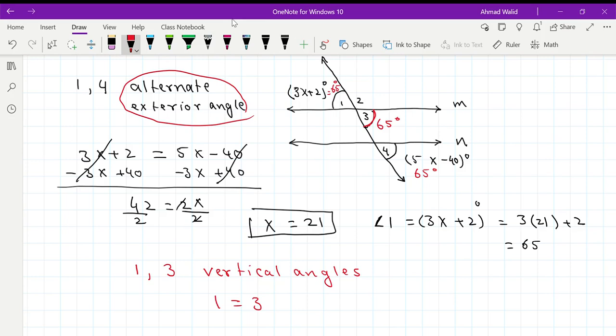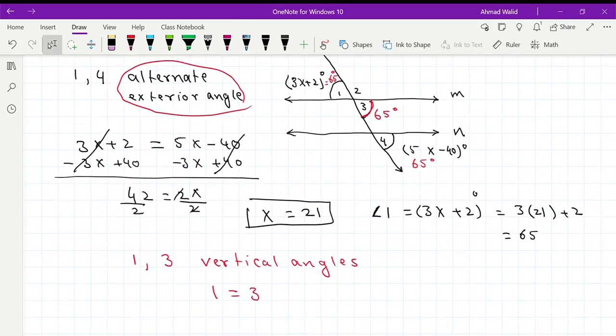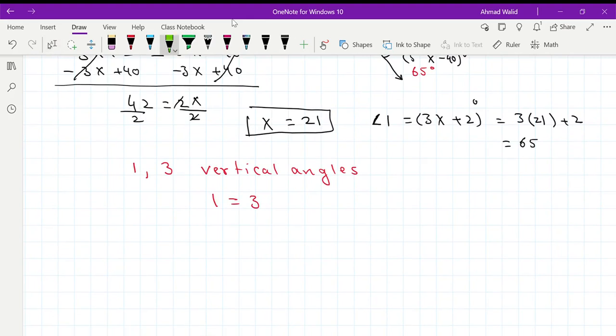Now, I know angle 1. I want to find how much is angle 2. Okay, if you remember from my first lecture, if I add 1 and 2, how much should I get? They are supplements to each other, right? Angle 1 and angle 2, they are supplemental, correct?